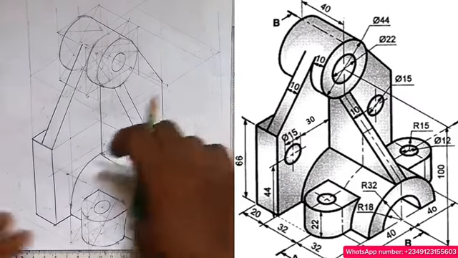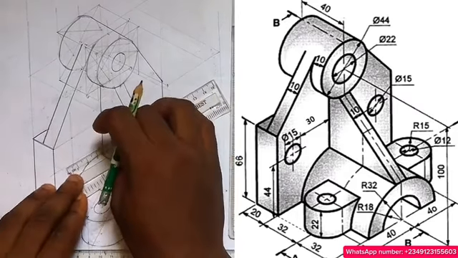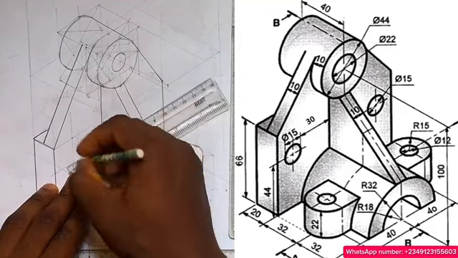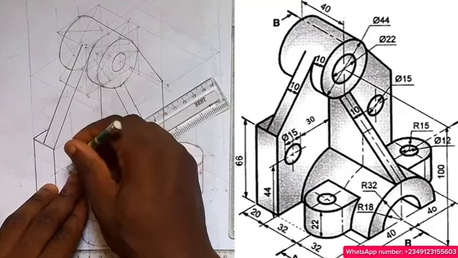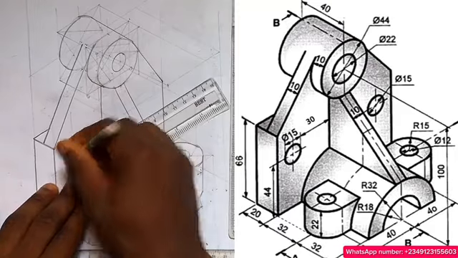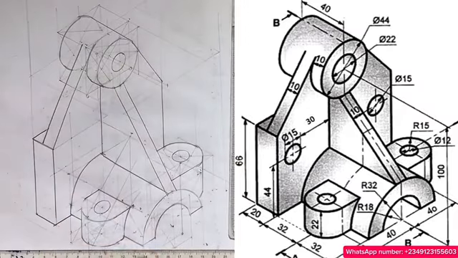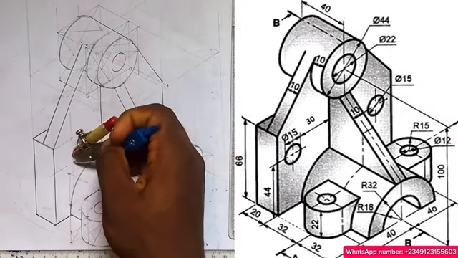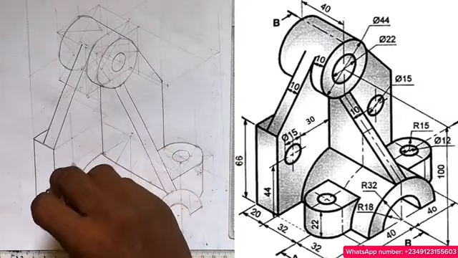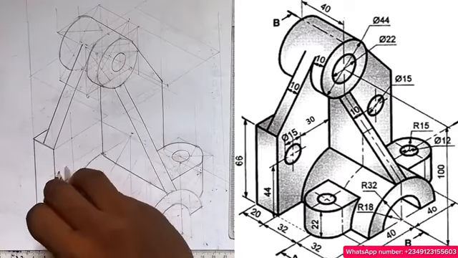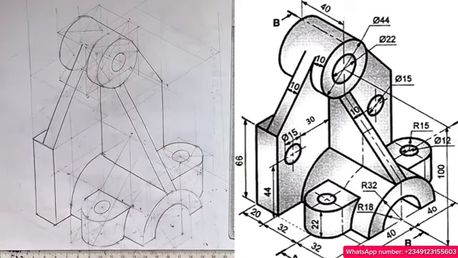So at this point here, I'll measure 7.5. So if I measure 7.5, this is 5, 6, 7.5, right? Then I can just take my compass, 7.5 to this point, then you strike an arc here again, right?